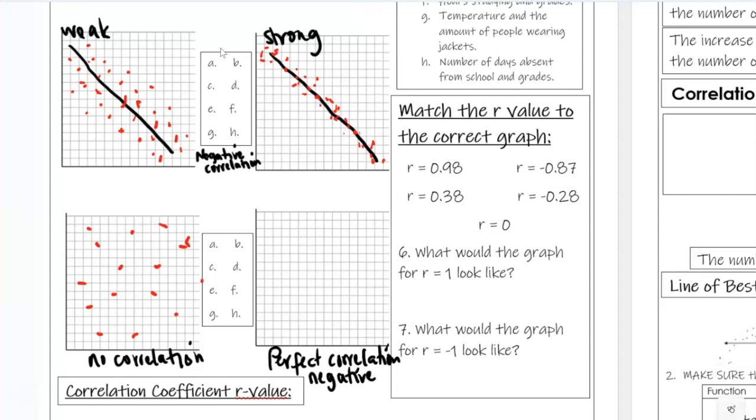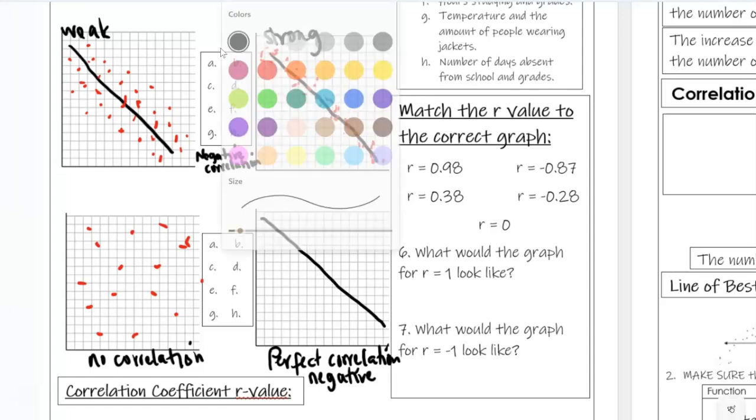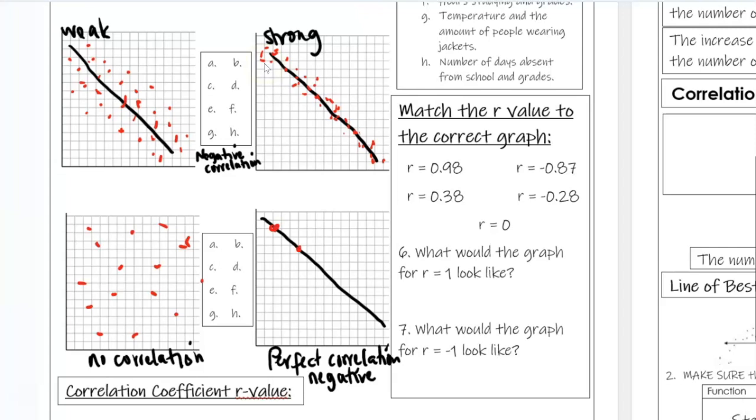What that means is every dot is exactly on that line. So it's not strong, but it's perfectly aligned. Strong is you do have dots or data outside your line of best fit, but perfectly strong is exactly on it. So that is your perfect correlation.